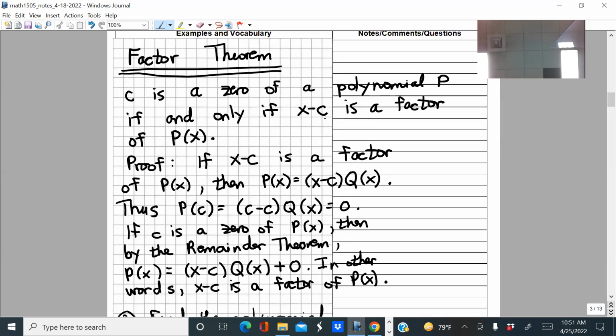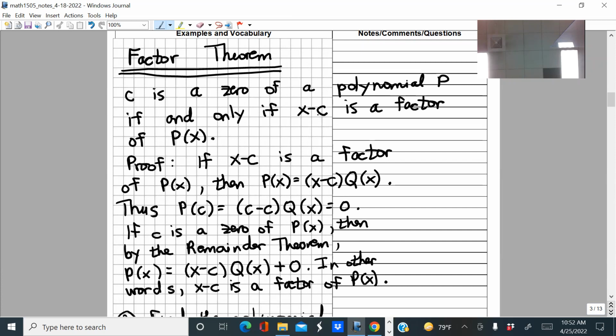The only x-intercepts you can have for polynomials you get from factoring the polynomial. So really, the only way to find x-intercepts of a polynomial is to factor, in a sense.